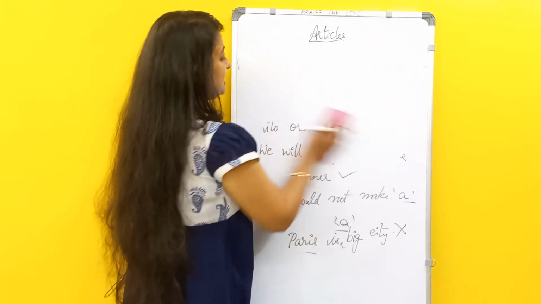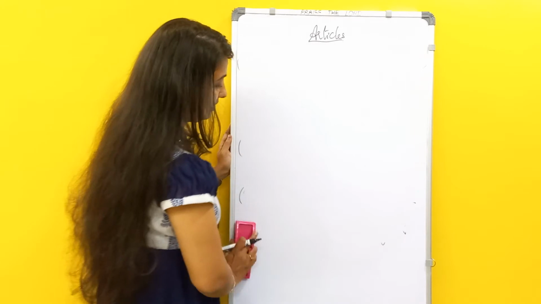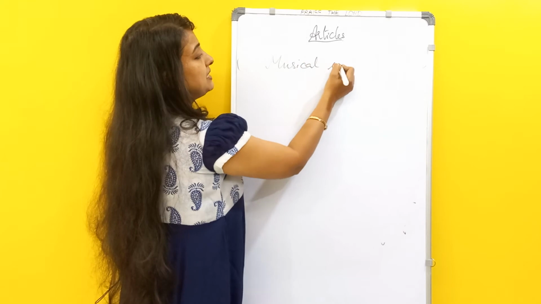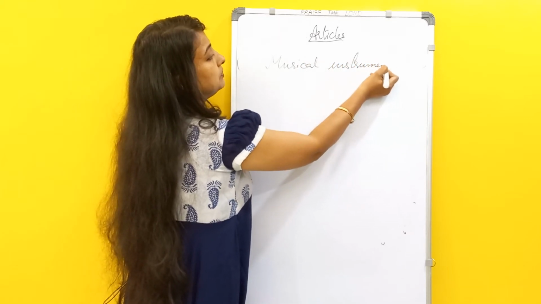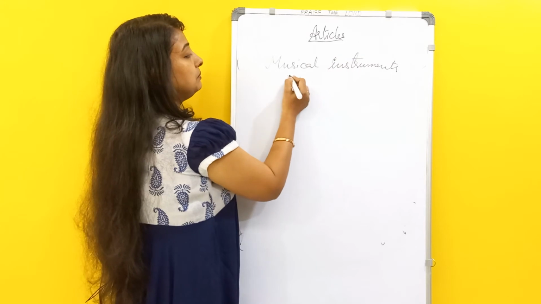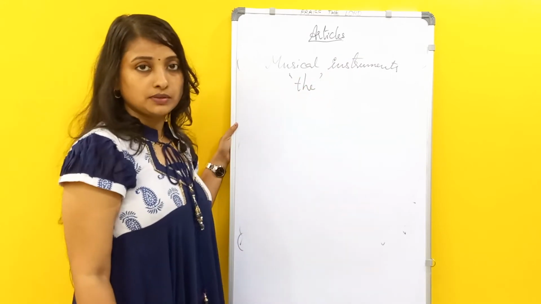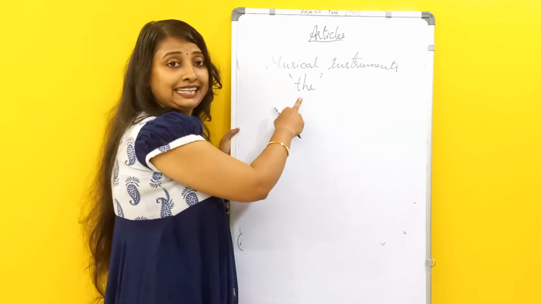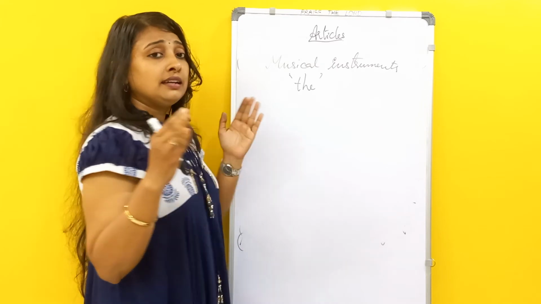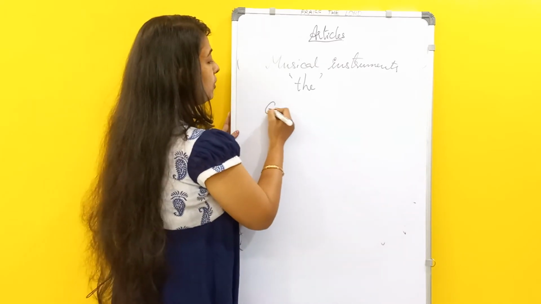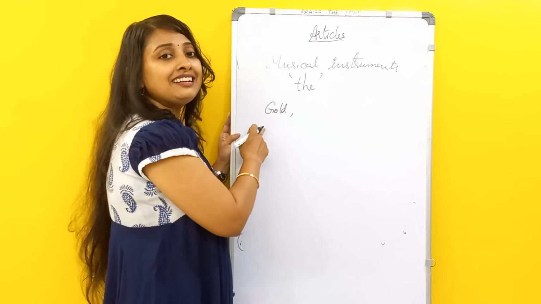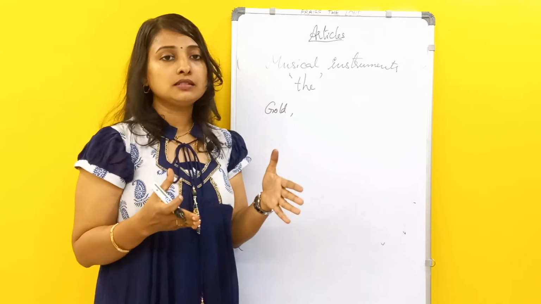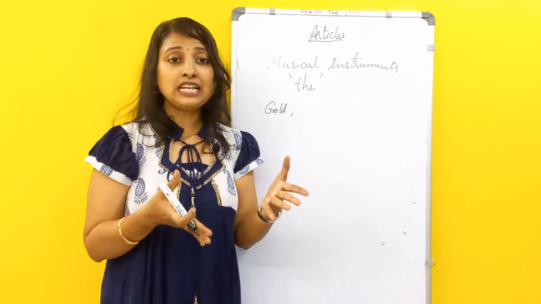Once again, some more points which we came across today. In front of musical instruments, you will be using the. The is used in front of musical instruments. Also, materialistic nouns. Materialistic nouns means we talk about material like wood, gold, silver, paper.